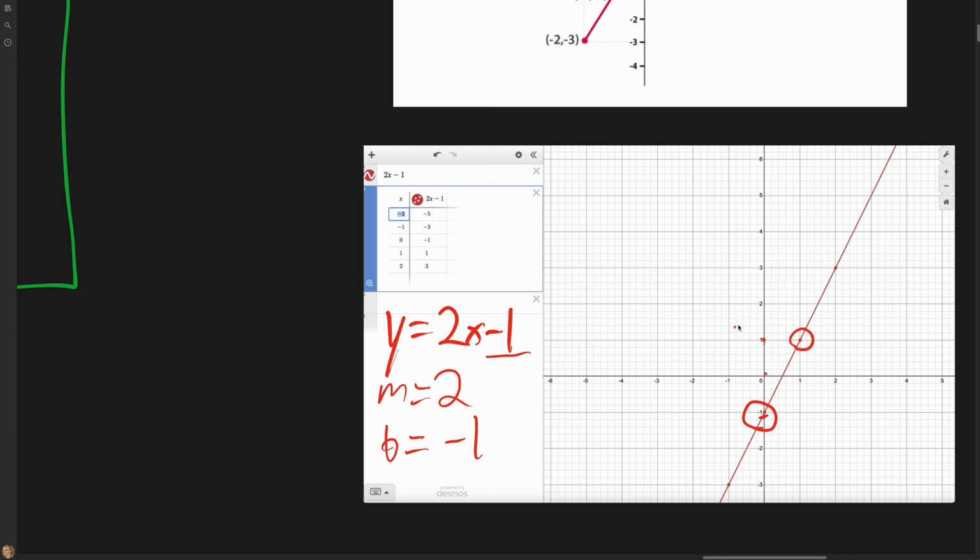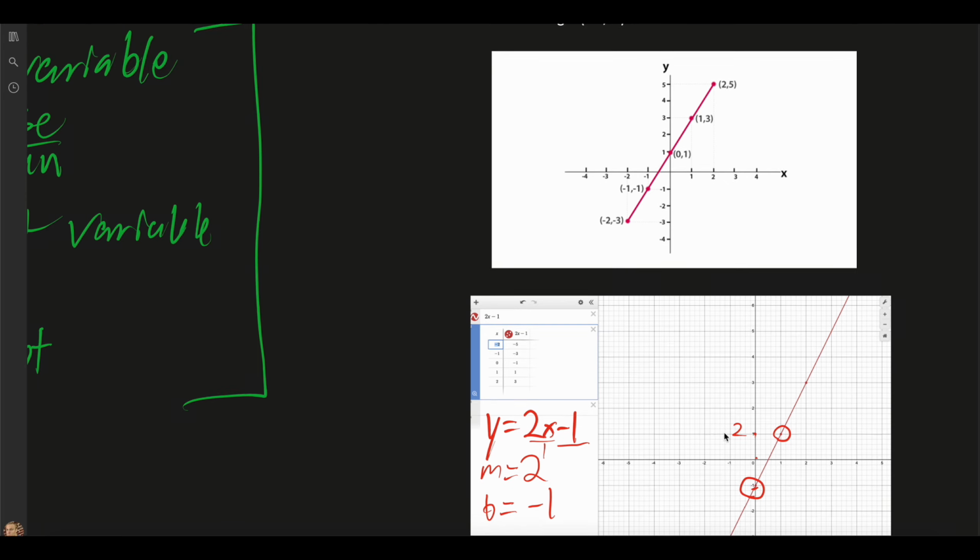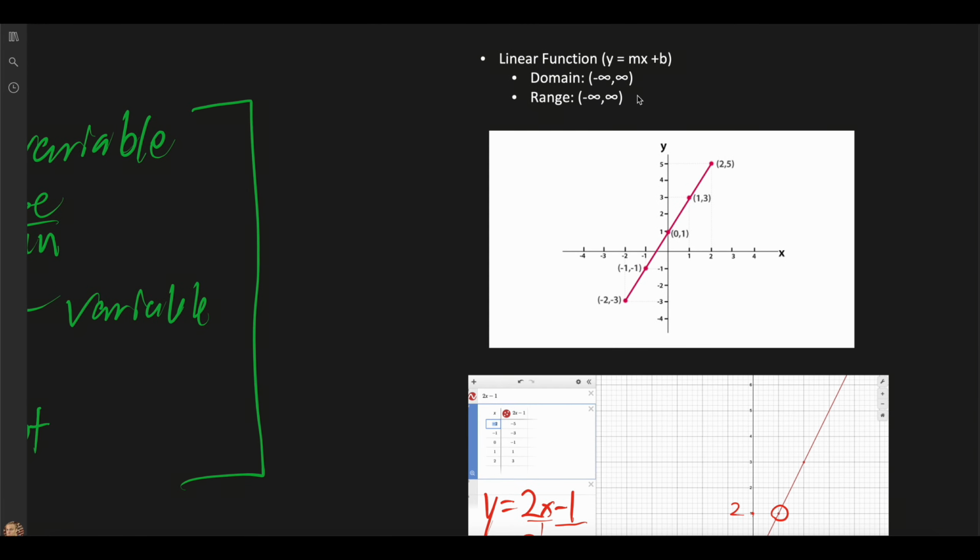So we have 2 of them over here, and then we go over 1, representing 1 here. And so we're able to determine exactly the nature within our linear function in general, where we have our slope, where 2 is going up, and then we're moving over to 1 on the right, and we see our y-intercept being -1 right here.